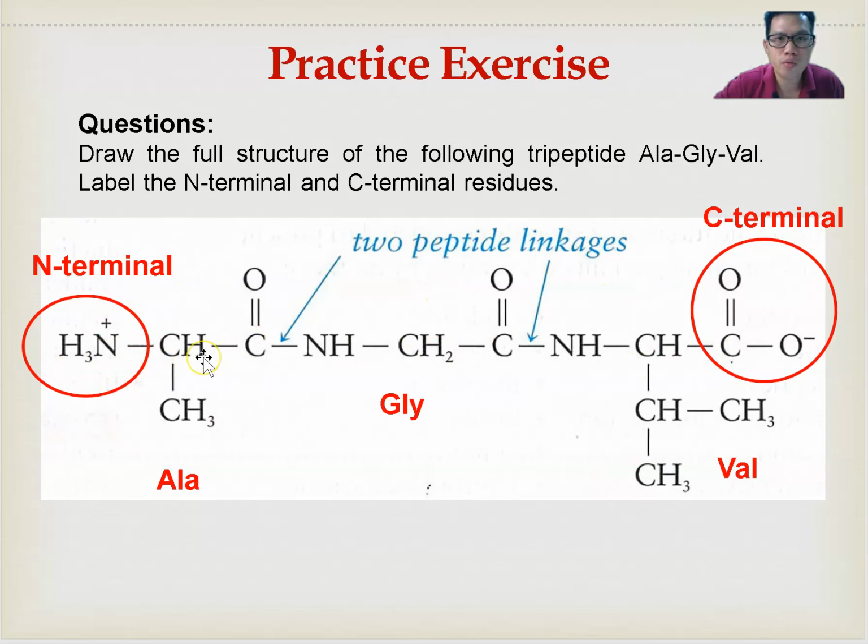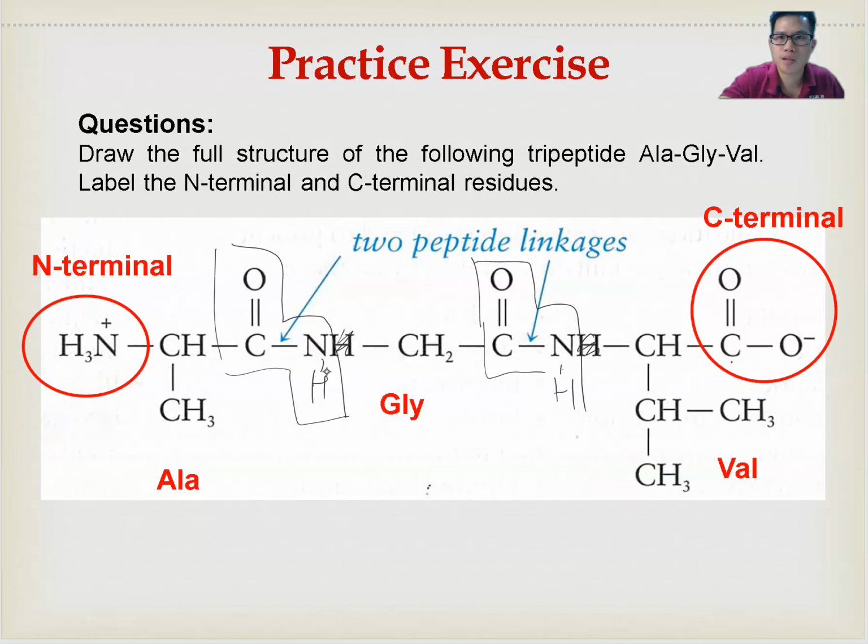Then you join the carboxylic acid group and the amino group between the amino acids, forming C double bond O and N H. So you can see one peptide bond and then another peptide bond here, where the N and the C join together. This is how you can draw it, not necessarily drawing the three-dimensional structure.